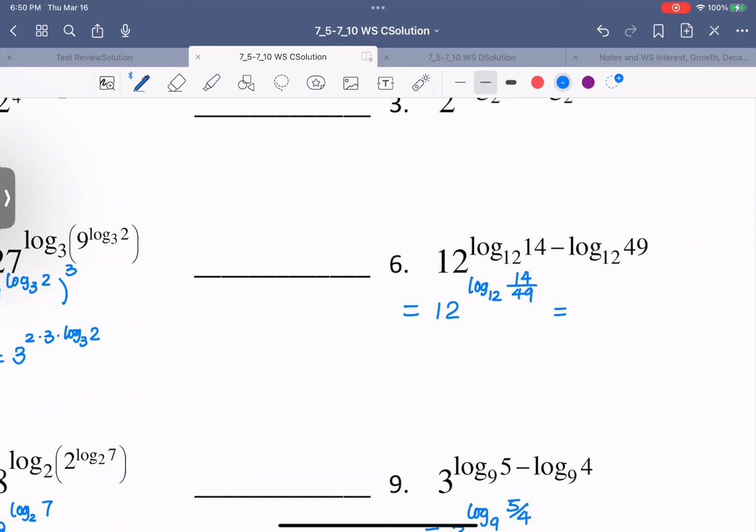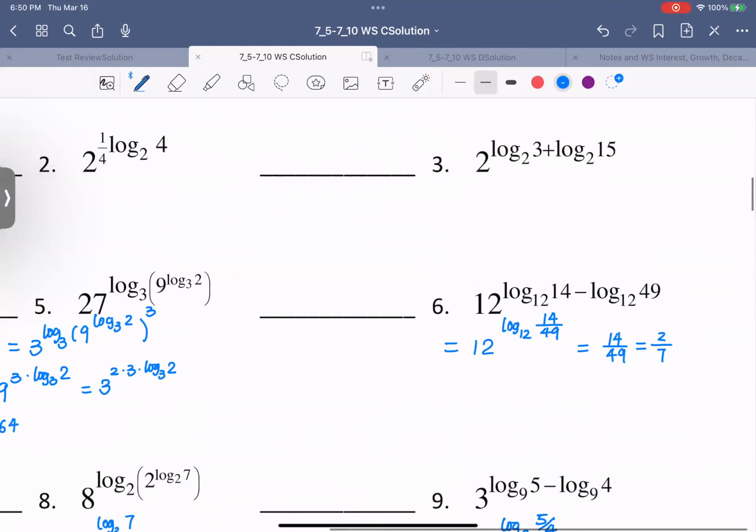This will become 12 to the power of log base 12. These 2s will balance and cancel. So you have this, cancel, right? And then that's 2 over 7. That's right.